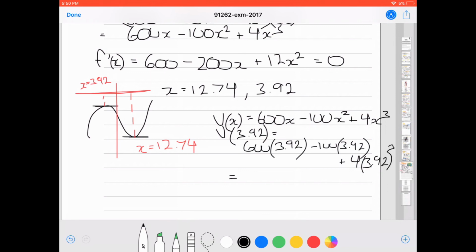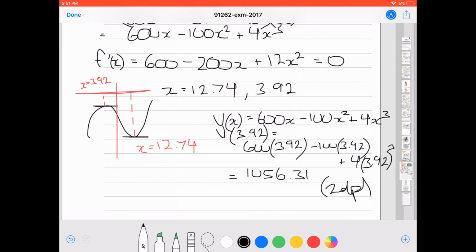600 times 3.92 minus 100 times 3.92 squared plus 4 times 3.92 cubed. That is going to equal 1056.31, okay, to 2 decimal places.